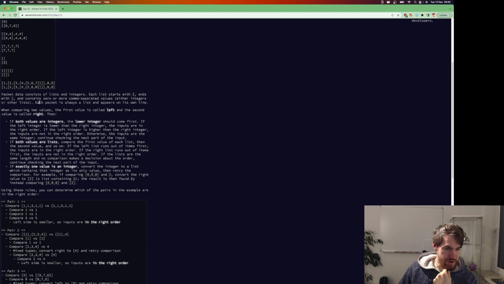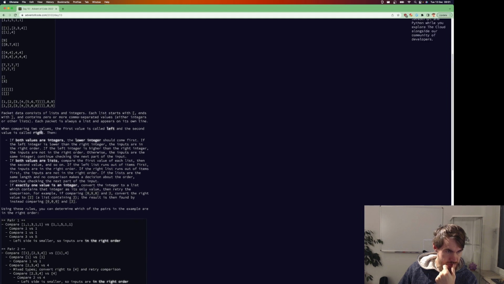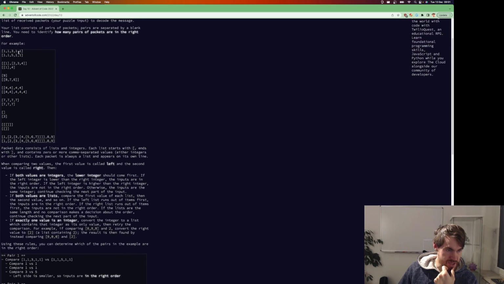When comparing two values, the first value is called left and the second value is called right. If both values are integers, the lower integer should come first. If the left integer is lower than the right integer, the inputs are in the right order. Okay, so this looks in the right order.